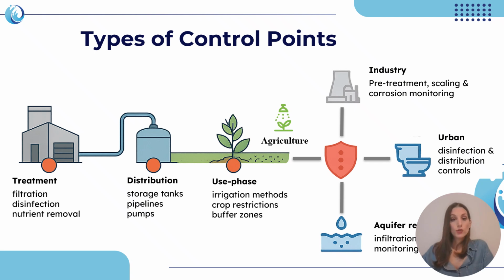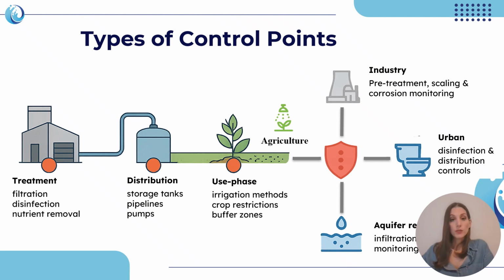At the distribution stage, control points might involve storage tanks, pipelines, and pumps that need to be properly maintained to prevent recontamination before the water reaches its final use. And during the use phase, control points might include practices like safe irrigation methods, crop restrictions, or buffer zones that limit exposure to humans and ecosystems.